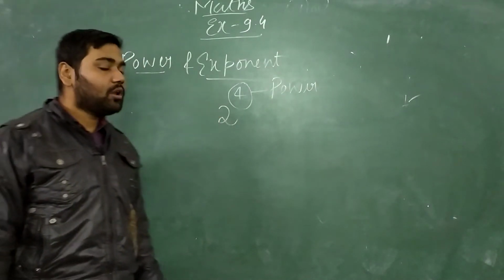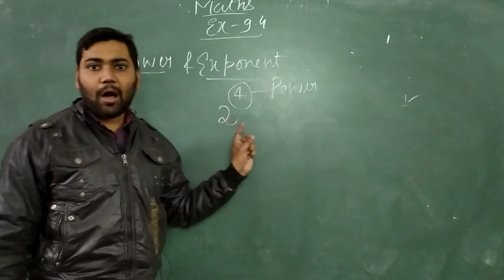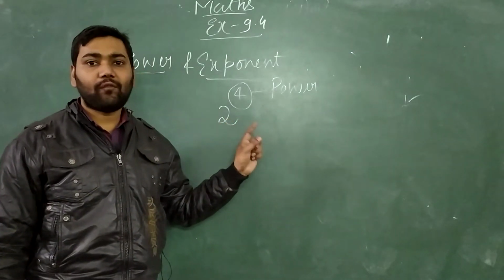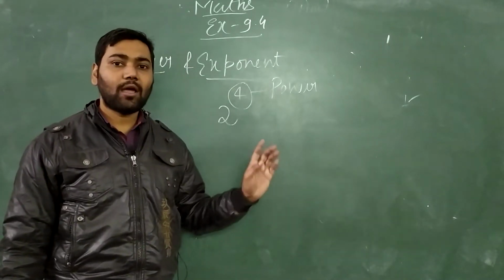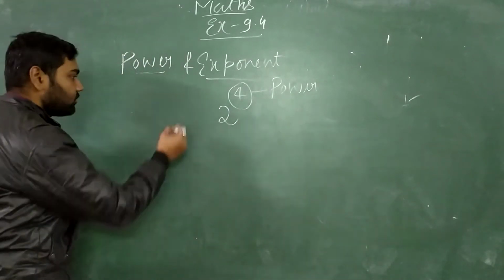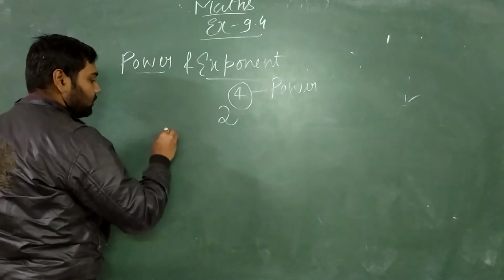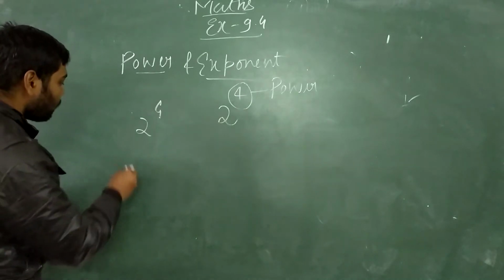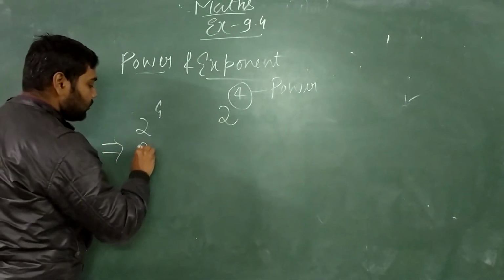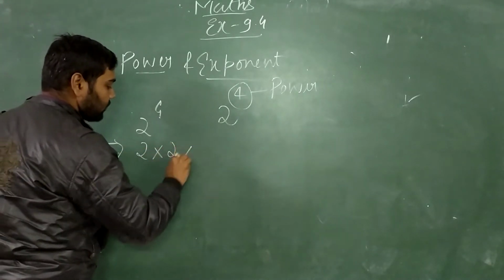Now listen. How does this power affect the number? Now we will learn how this power affects the number. If the number is written 2 to the power 4, what will we do?